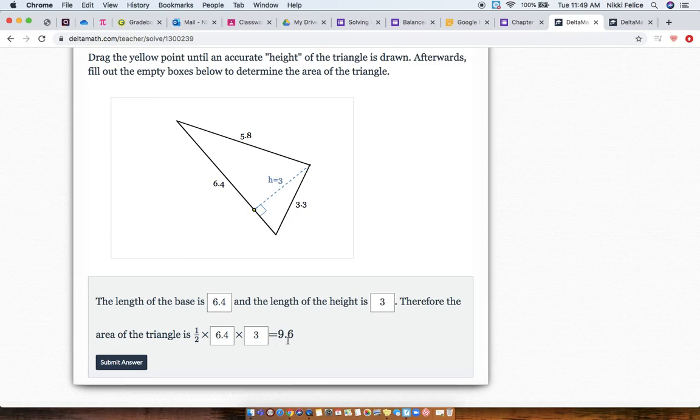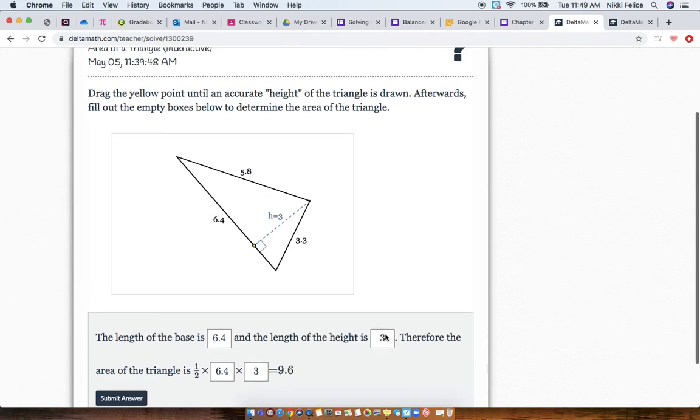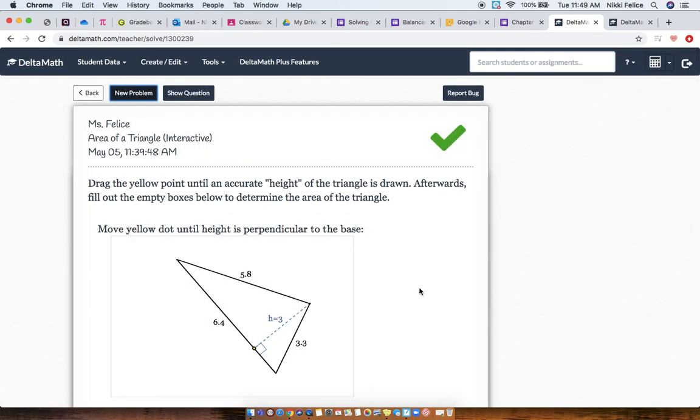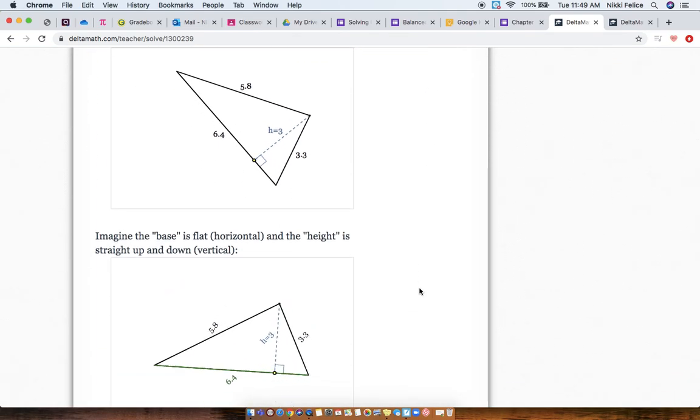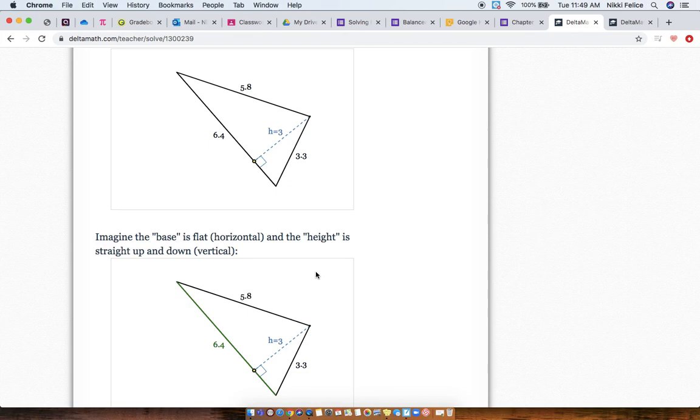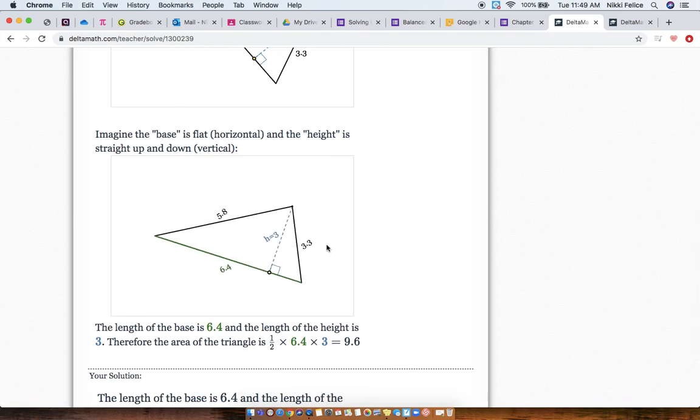And it calculated it for me. So this is just practice figuring out which one is the base and which one is the height. You can submit your answer, and we see we did it correctly. And it'll even show you why this is the base and why this is the height. See, the triangle was tilted, but we can flip it back down to show the base and height.